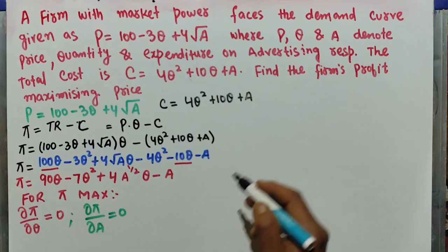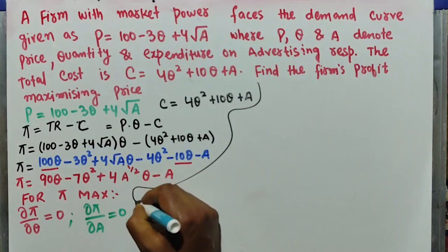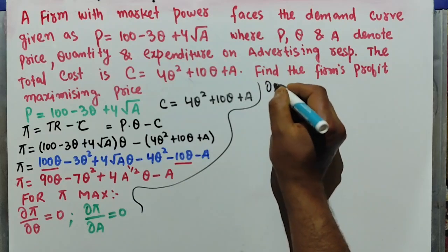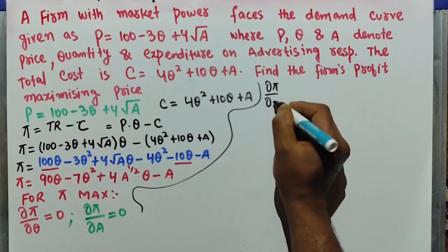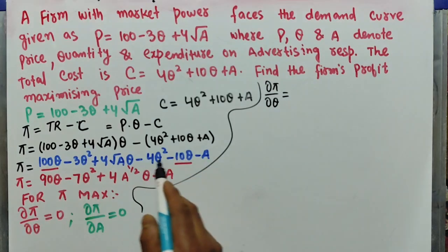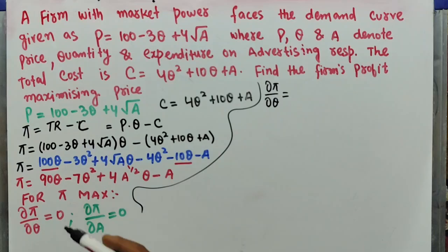d pi upon dq means the partial derivative of this function with respect to q. Sorry, I have to take the derivative of the simplified profit function.